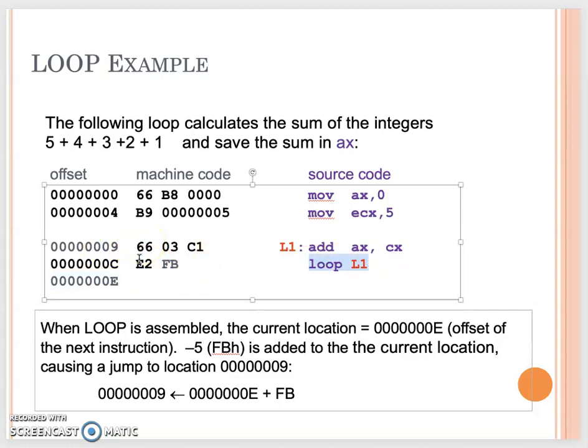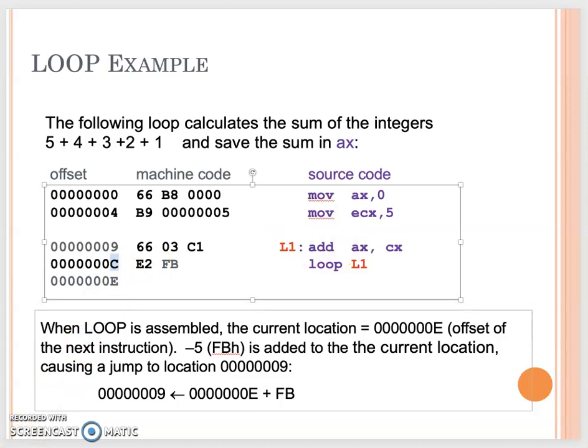So that's why you can see here, you will have your 9 minus C become FB. So if they want to loop, they just take this current location plus FB, because that's a relative offset. So they know how to jump to L1.